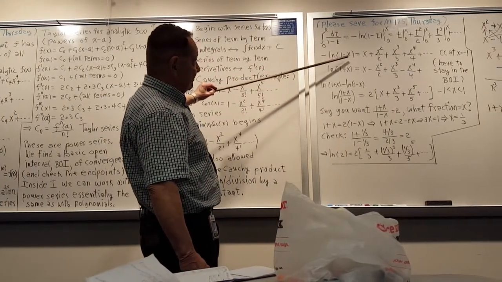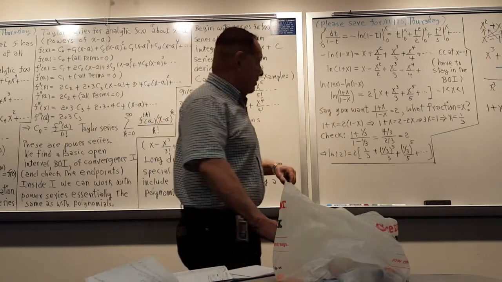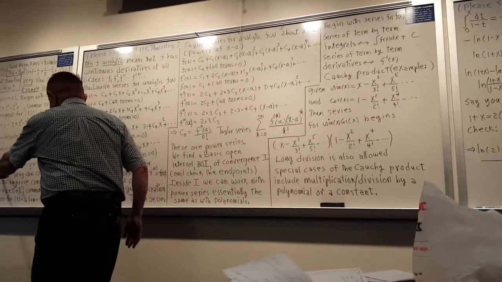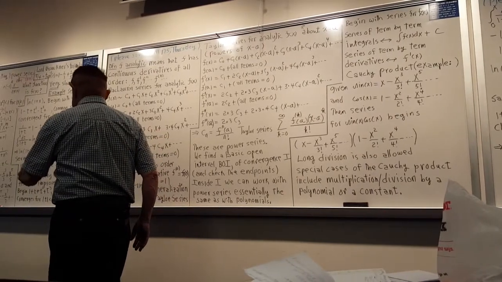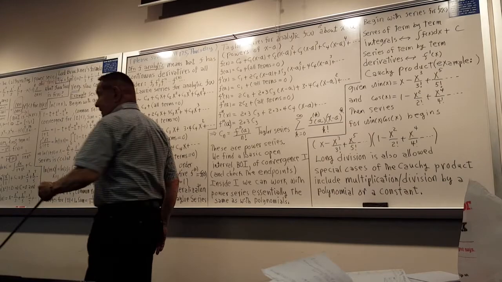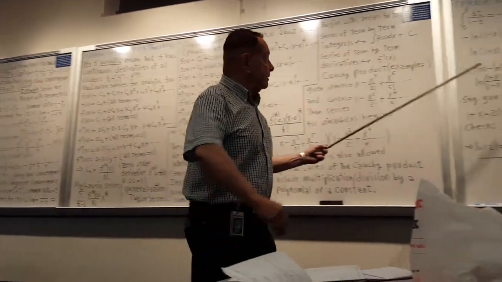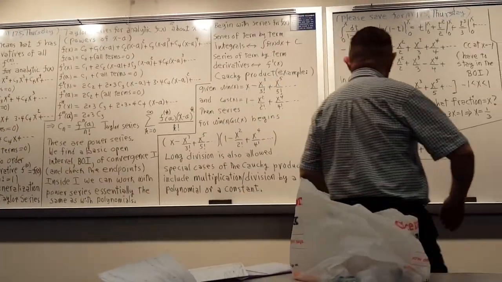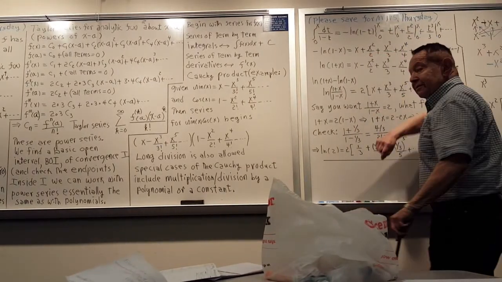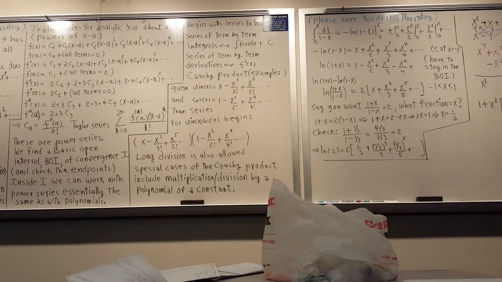So now we have the two power series for the logarithm. We have this one for log 1 plus x, that's alternating, and we have this one for minus log 1 minus x, that's not alternating. The coefficients are all plus.